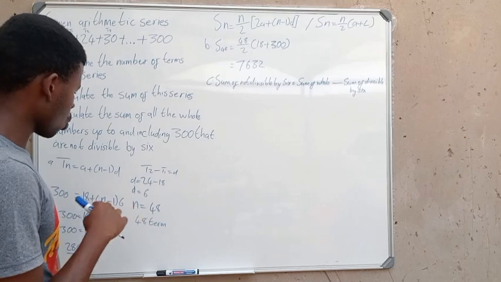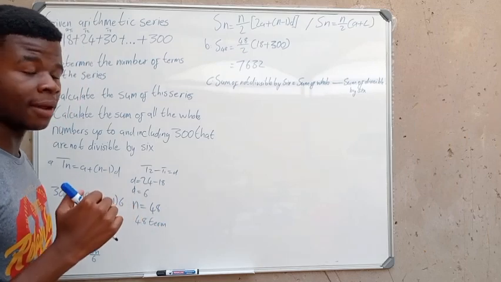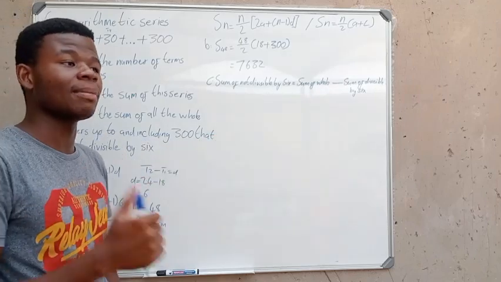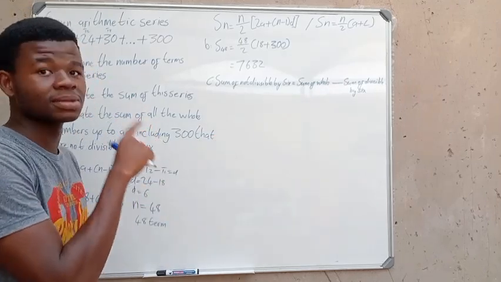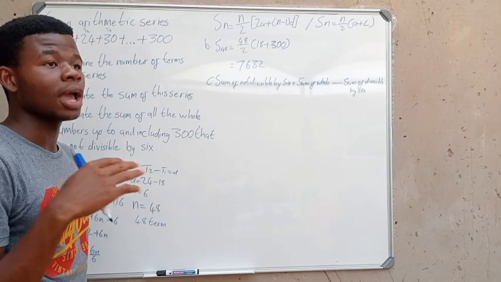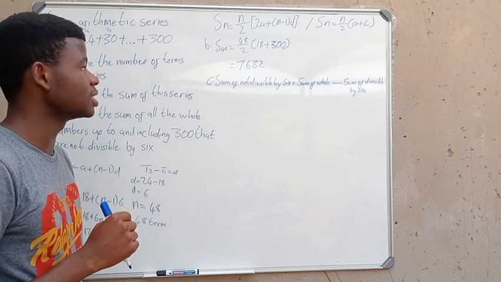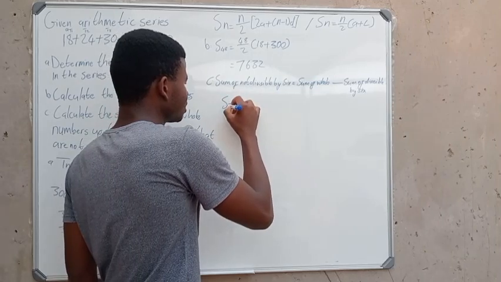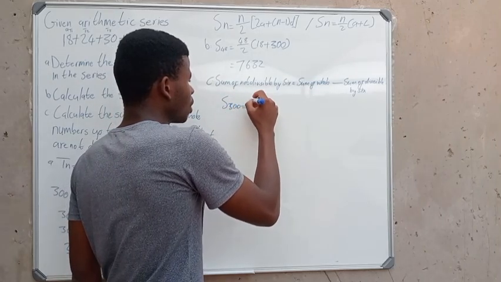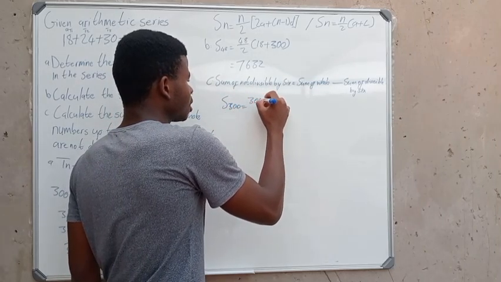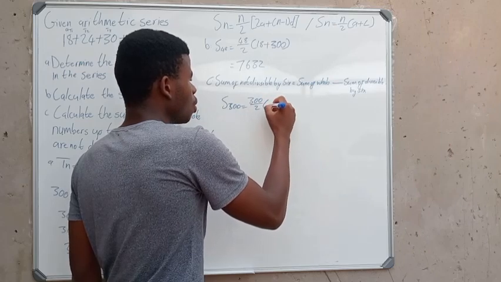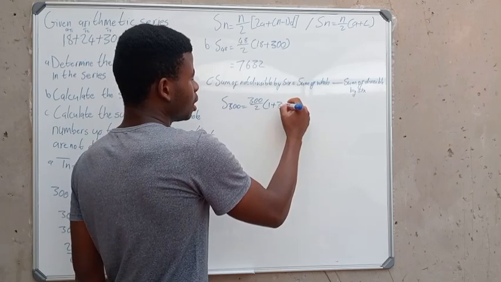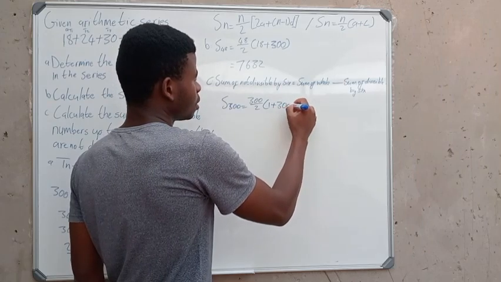So what are we going to do here? We are going to find the sum of the whole numbers. Whole numbers are the numbers that start from 0 up to positive infinity. So S300 is equal to 300 over 2 times (1 plus 300).